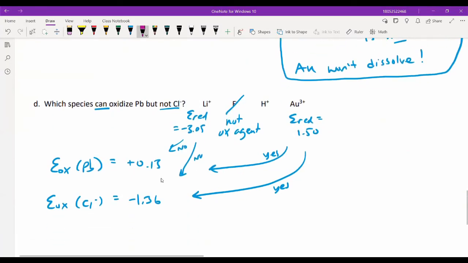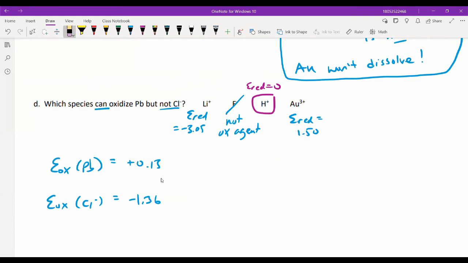And then hydrogen is our answer because this potential, remember, is 0. So if you put this with that, that's going to be positive. If you put 0 with this one, that's going to end up negative. So that will not be able to react with chloride.